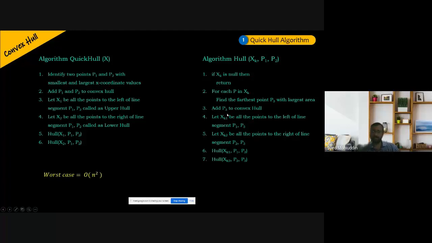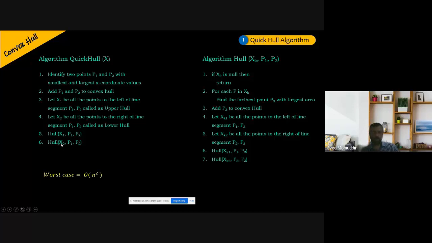Then add this point P3 to the convex hull. It becomes a part of the convex hull. Now what we have done is, we had all the points X divided into X1 and X2, that is upper hull and lower hull. If we take the upper hull here, we are dividing it again into K1 and K2, that is, again the upper hull into upper and lower hulls.